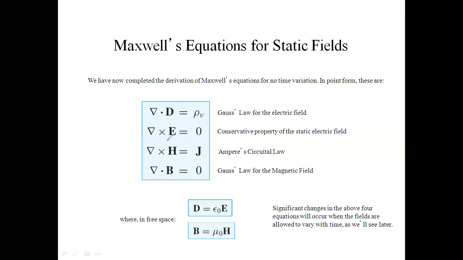Here it is line integral E dot dl equal to 0. Here line integral H dot dl is equal to surface integral J dot ds. And here surface integral B dot ds over a closed surface is 0.